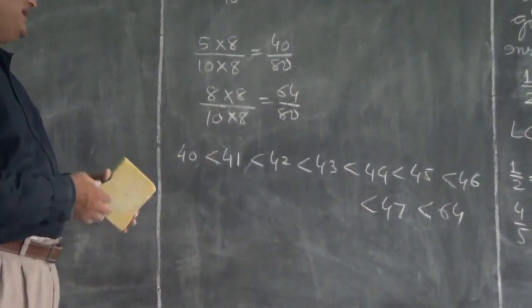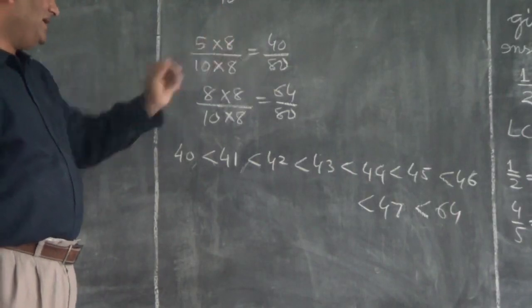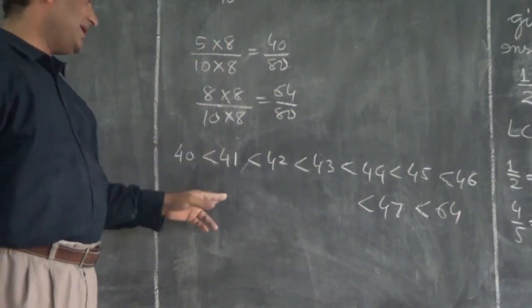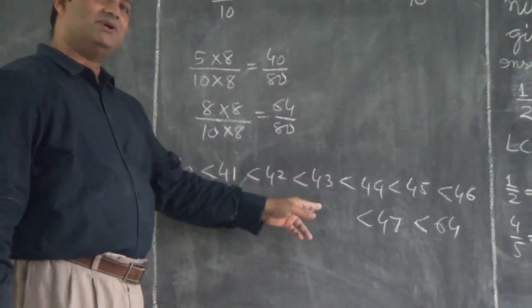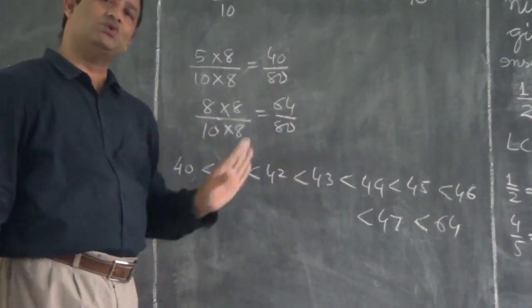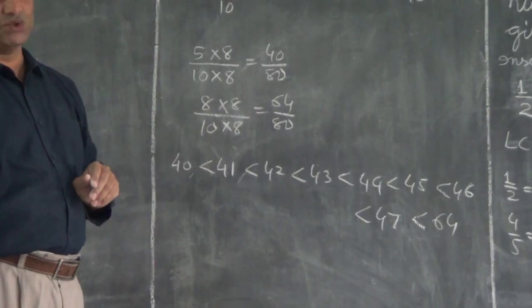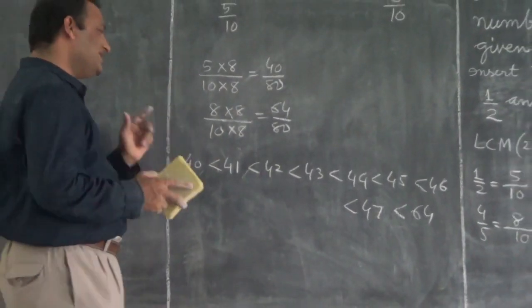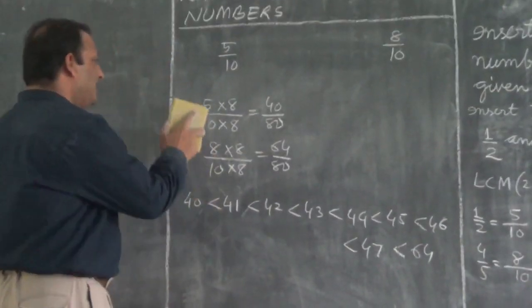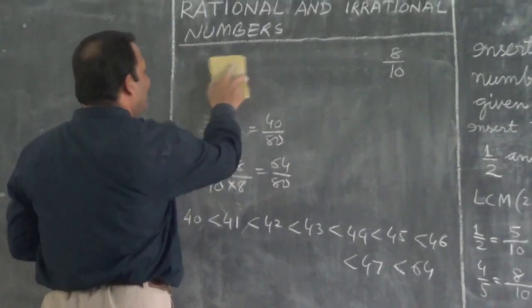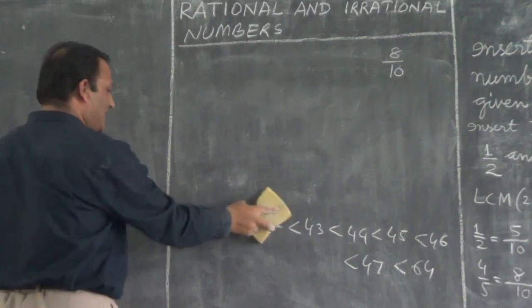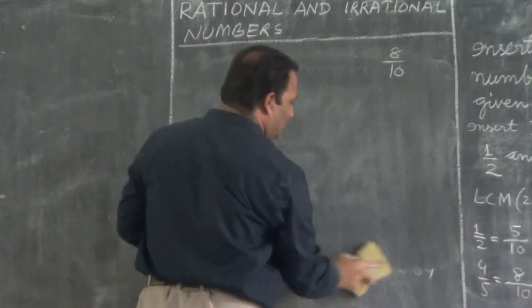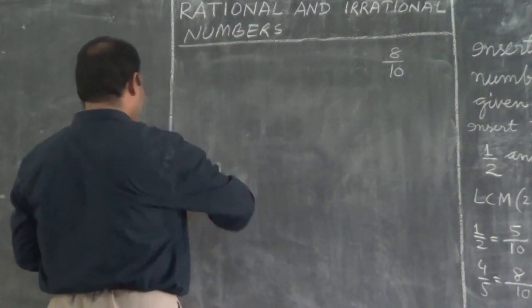Then you can write: hence 40 by 80 less than 41 by 80 less than 42 by 80 less than 43 by 80, and so on. So this is how to insert many rational numbers by multiplying the numerator and denominator by n plus 1.